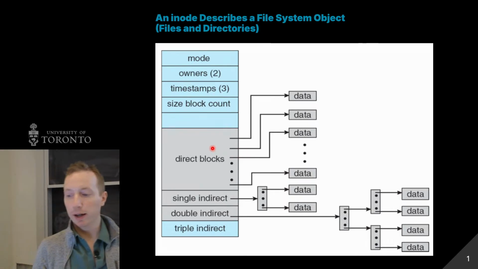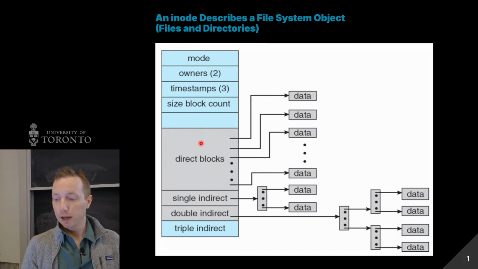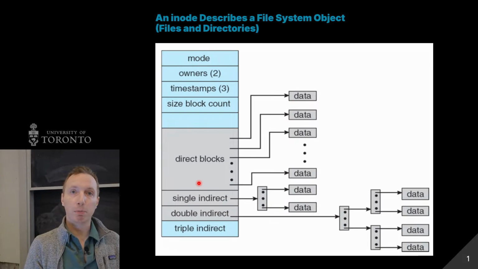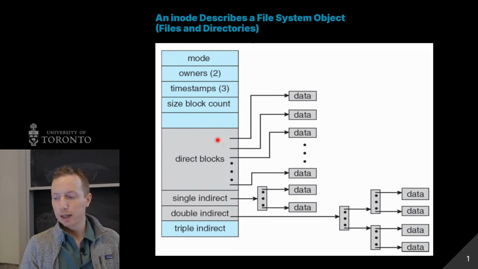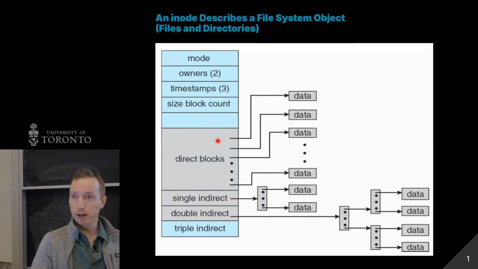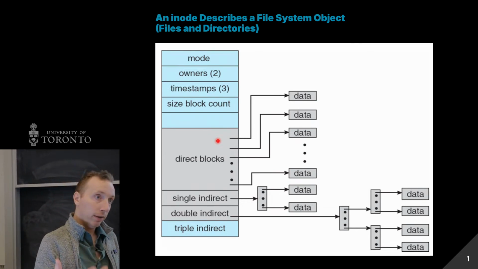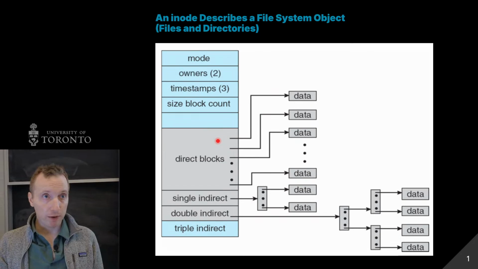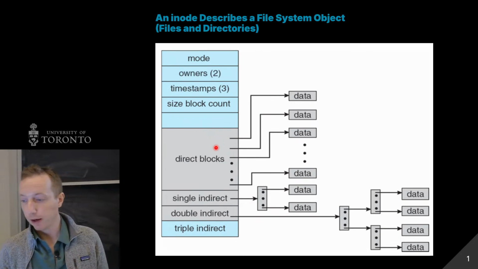So what it does is there are a whole bunch of pointers here in the structure. Some are called direct blocks, so they point directly to a block. And there are typically, in the case of inodes, 12 of these. So the first 12 indexes here will point to the first 12 blocks of the file. If the file is 12 blocks or smaller, it won't use any blocks to store the pointers.